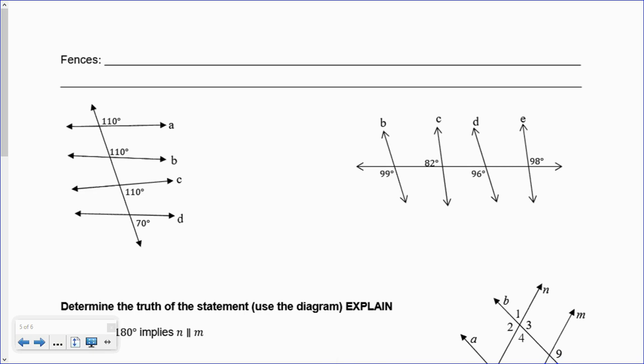For fences, it's a very straightforward process. You should only have one transversal in the picture, so pick one side of the transversal, your favorite side.